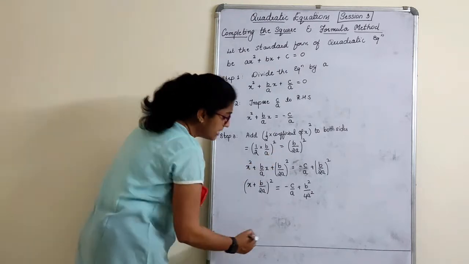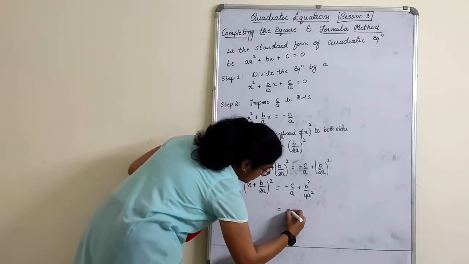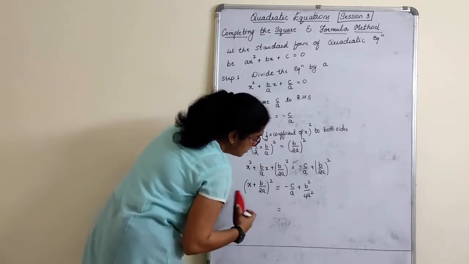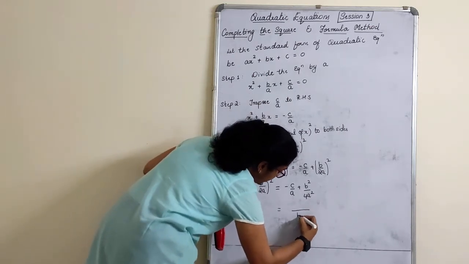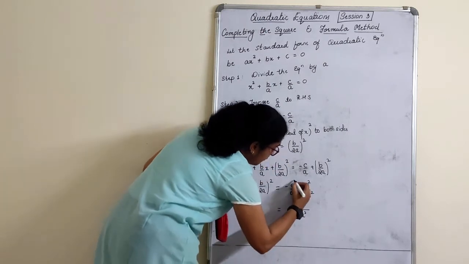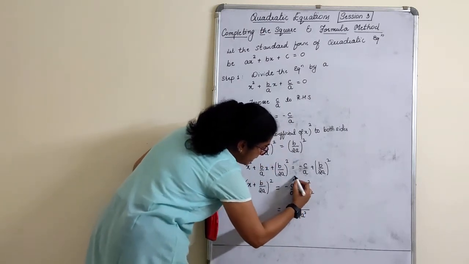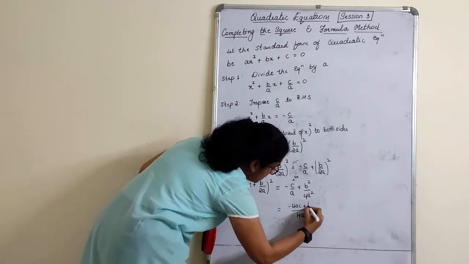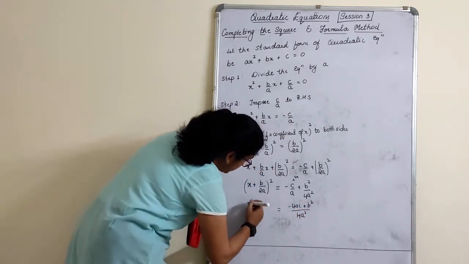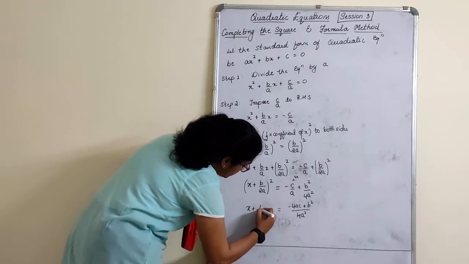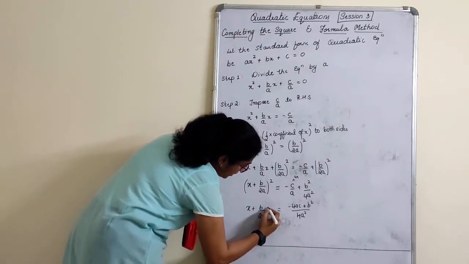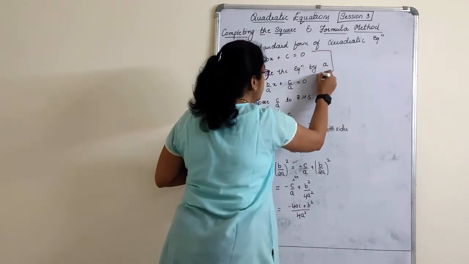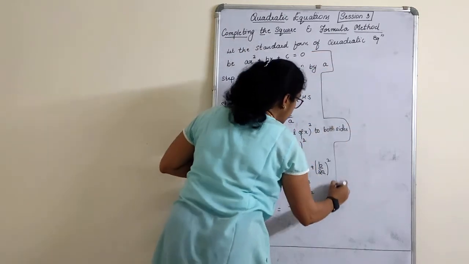Take the LCM. 4a square is the LCM. I have to multiply minus c by a with 4a, so we get minus 4ac plus b square upon 4a square, which is x plus b upon 2a whole square. I do it here, children.